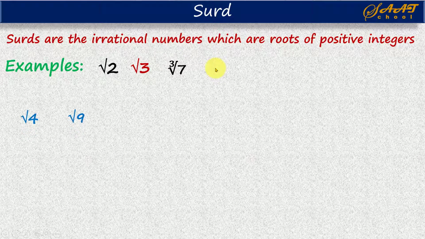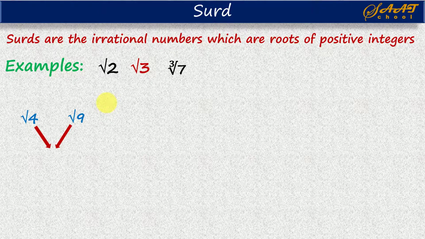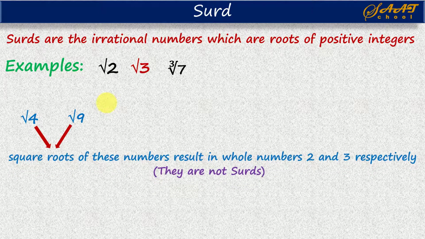Now here are two numbers, root under 4 and root under 9. If you find the square root of these two numbers, then you will get 2 and 3 respectively. That's why these two numbers are not surds.